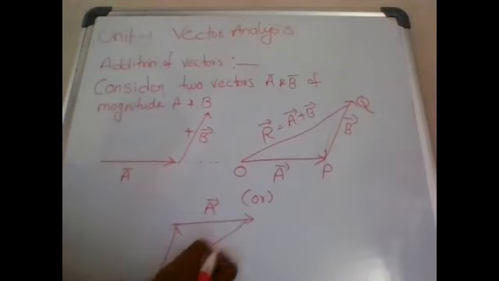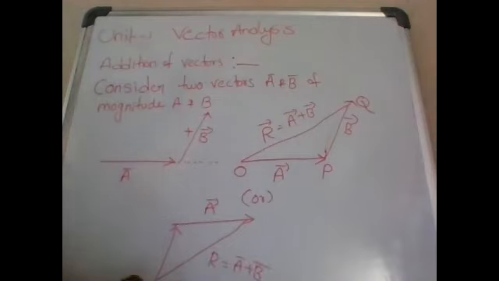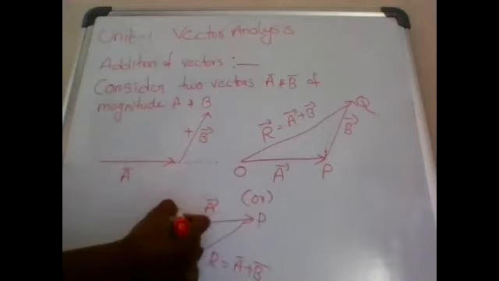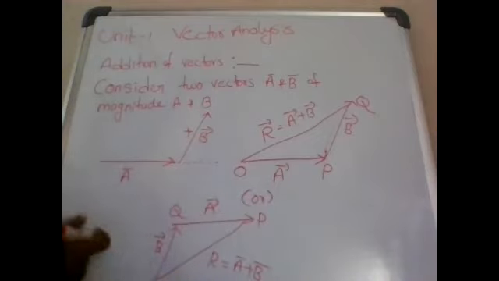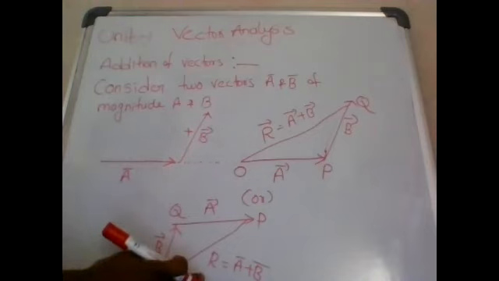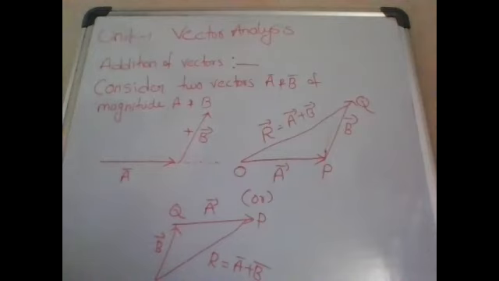So the resultant gives capital R equal to A bar plus B bar. This is the addition of vectors.